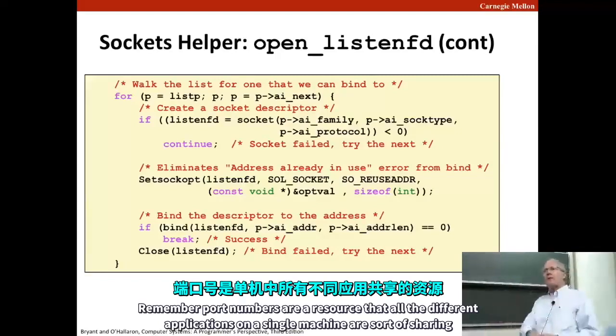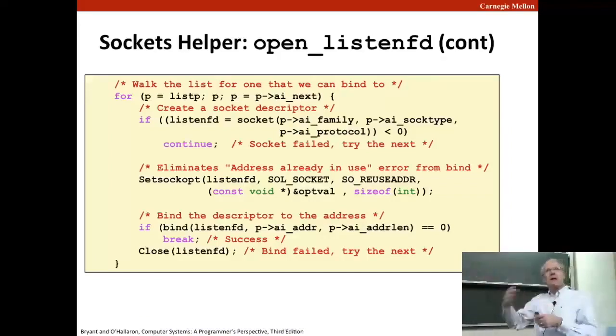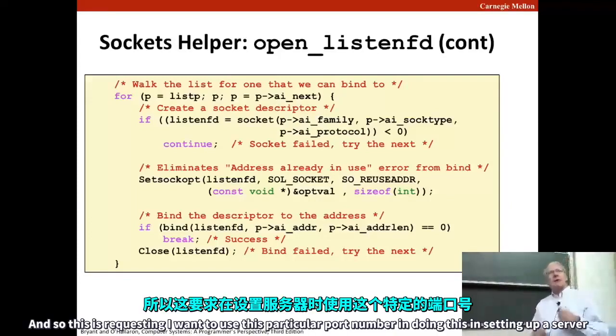Remember, port numbers are a resource that all the different applications on a single machine are sort of sharing or competing for. So this is requesting, I want to use this particular port number in setting up a server.